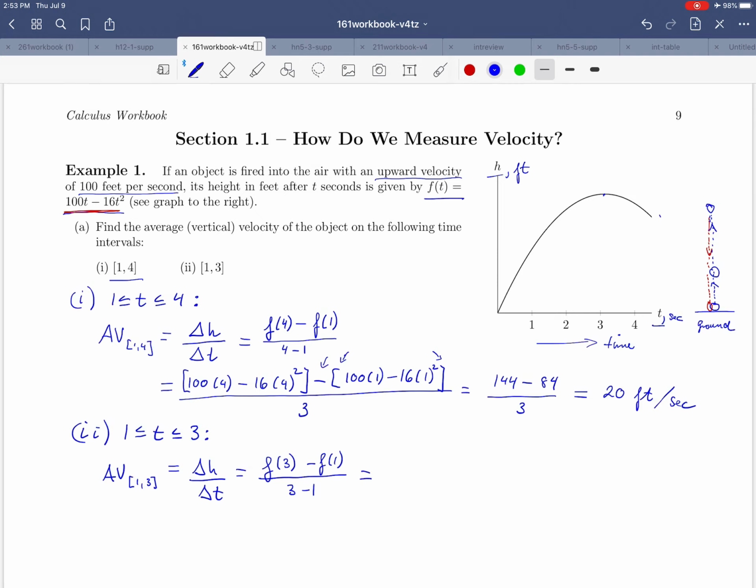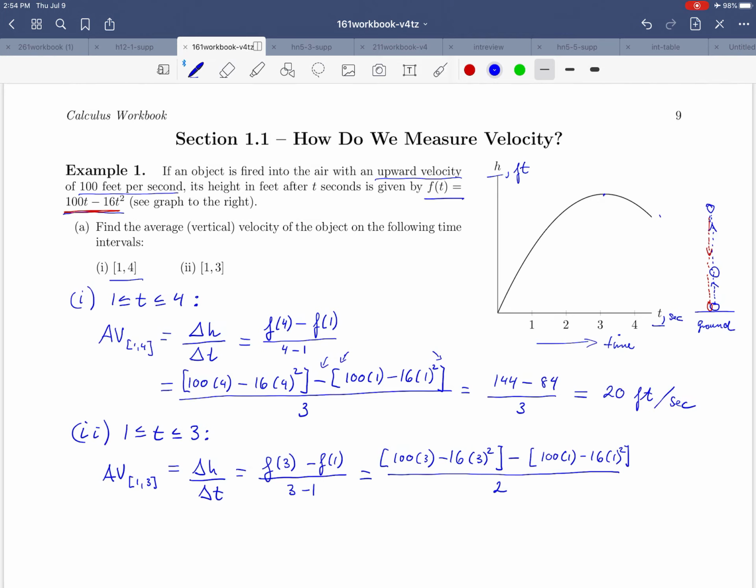Very similar calculation. For f of 3, I have 100 times 3 minus 16 times 3 squared. And then I'm going to write it down again. F of 1 was 100 times 1 minus 16 times 1 squared. All of this is divided by 2.